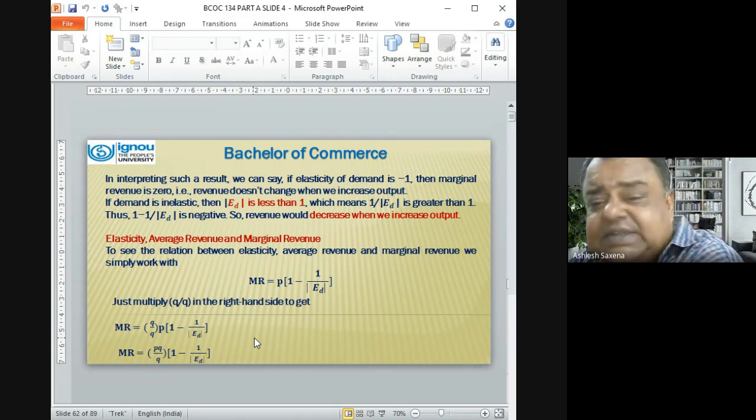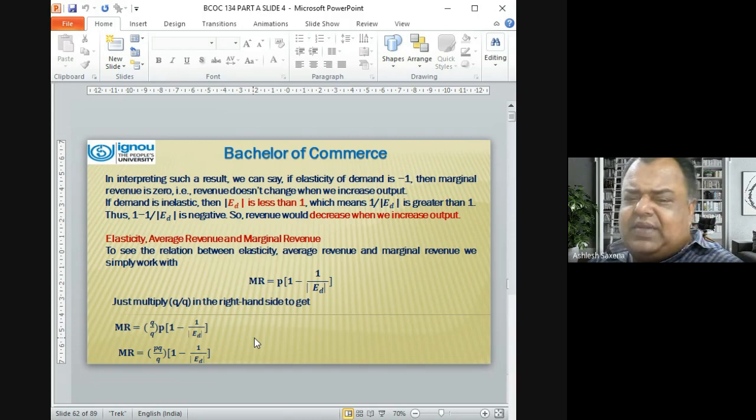What is the relationship between elasticity, average revenue, and marginal revenue? We have just calculated marginal revenue is equal to P times 1 minus 1 upon E. Multiplying both sides, or multiplying P by Q by Q on both sides, you will be left with PQ upon Q into 1 minus 1 upon ED.